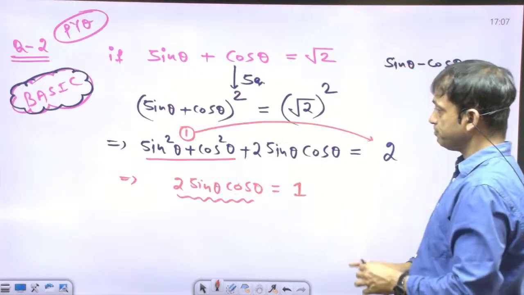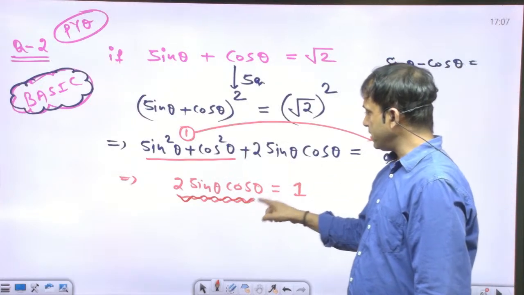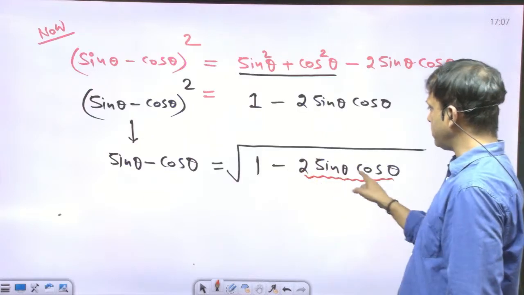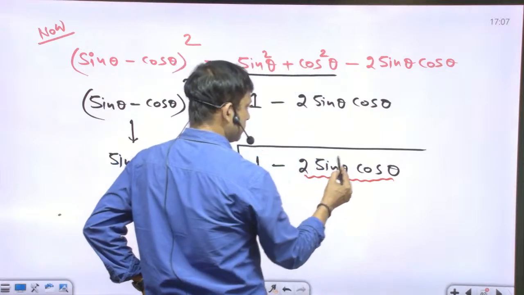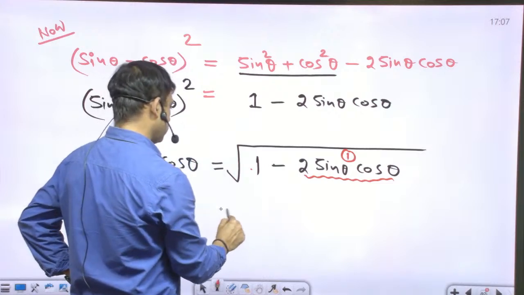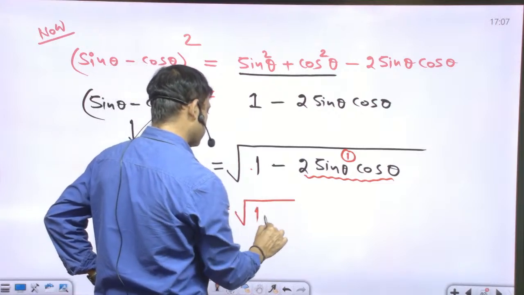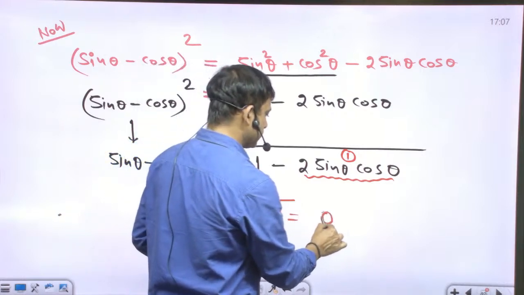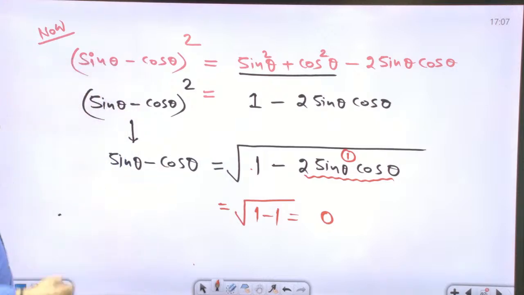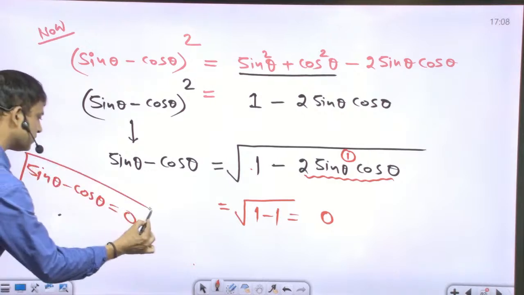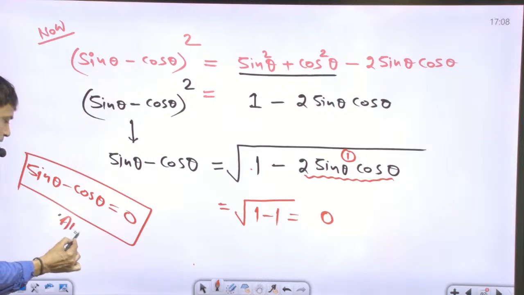In the previous page, 2 sin theta cos theta was 1. So put this value: under root 1 minus 1, that is 0. The square root of 0 is 0. So sin theta minus cos theta will be 0. This will be your complete answer.